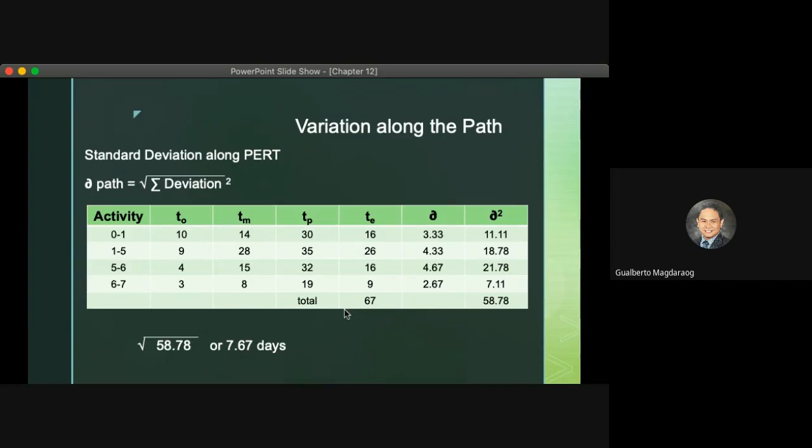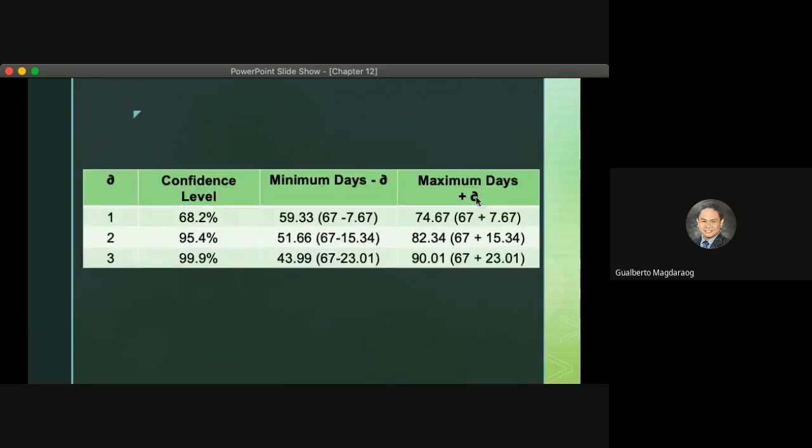What does it mean? Since this will become the standard deviation of the path, completing the project at 67 days may vary depending on our confidence level.